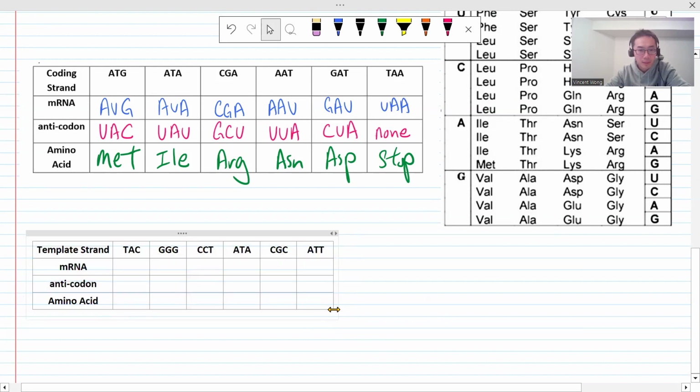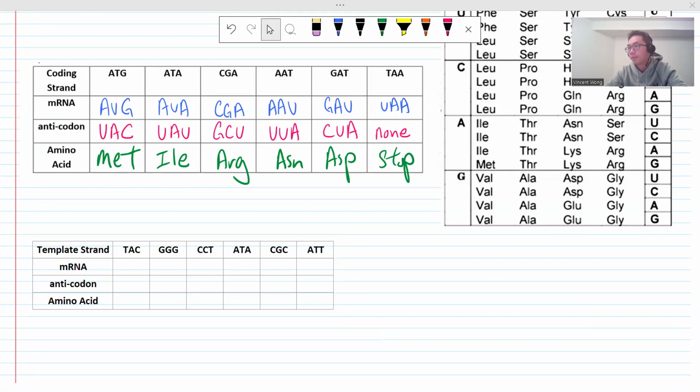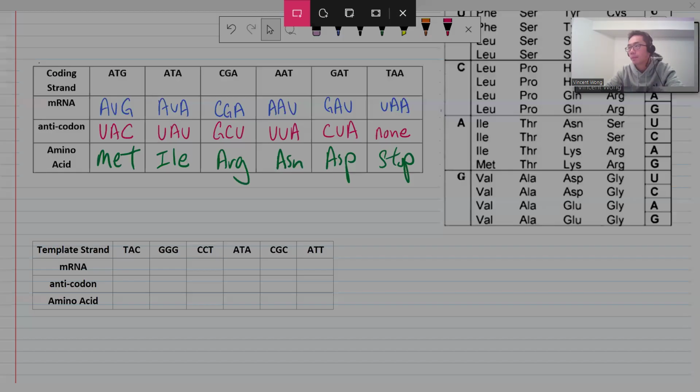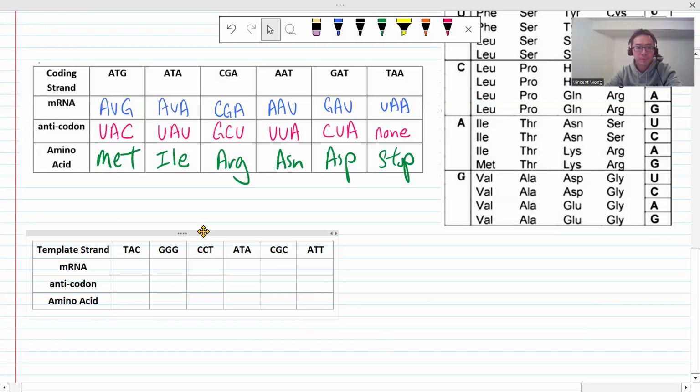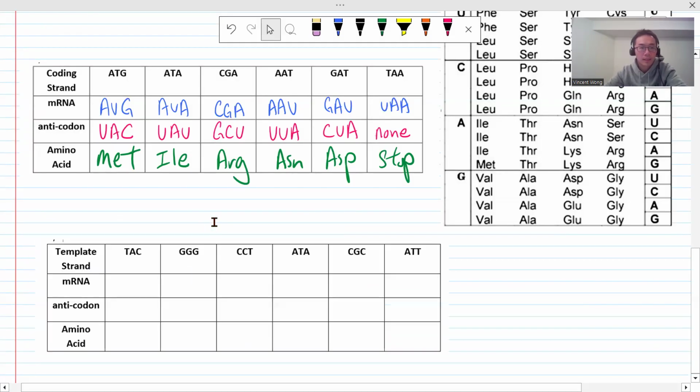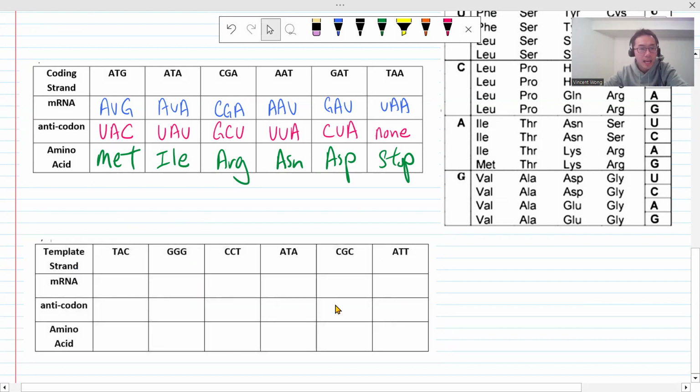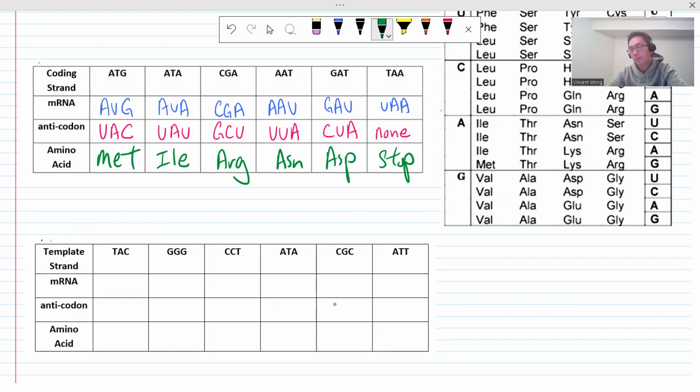See if I can make this bigger. Okay, this is bigger now. Okay, remember this is the template strand that I'm giving you right now. Template strand.